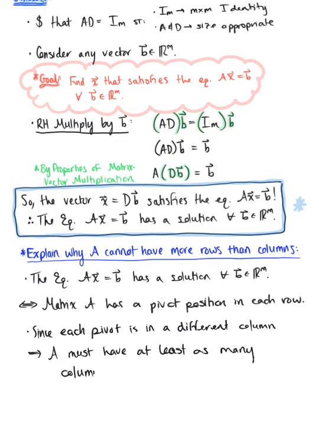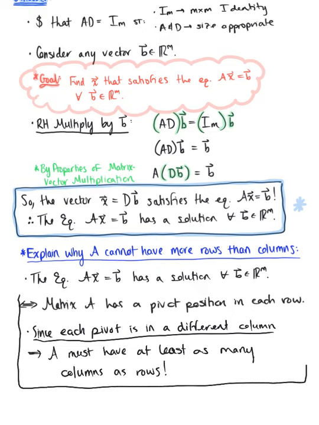Or in other words, matrix A cannot have more rows than columns. So since matrix A has a pivot position in each row, and since each pivot is in a different column, we're able to conclude that matrix A must have at least as many columns as rows, explaining why matrix A in this case cannot have more rows than columns.